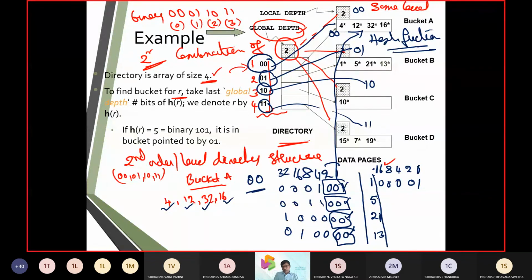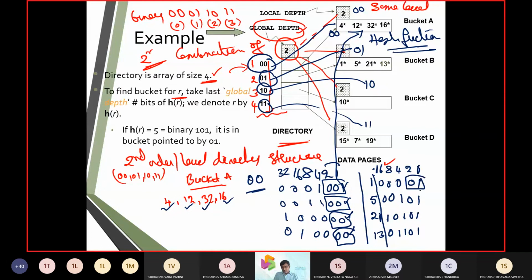Next, how can I write 5? 5 is nothing but 1 0 1, and the remaining positions I put as 0. How can I write 21? 16 plus 4 is 20, and if I add 1 it becomes 21. The rest I gave as 0. Now how can I write 13? 8 plus 4 is 12, plus 1, these are needed and the remaining things are not needed.